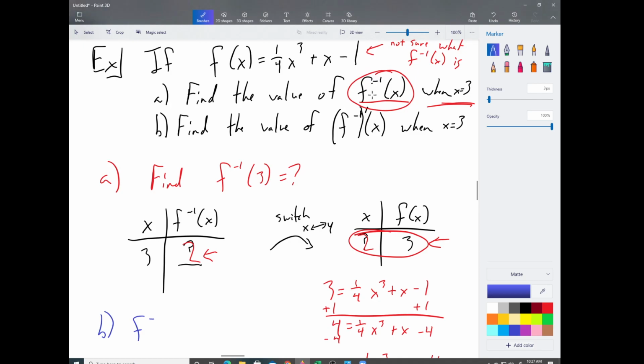And for the derivative, we're going to use this new rule.